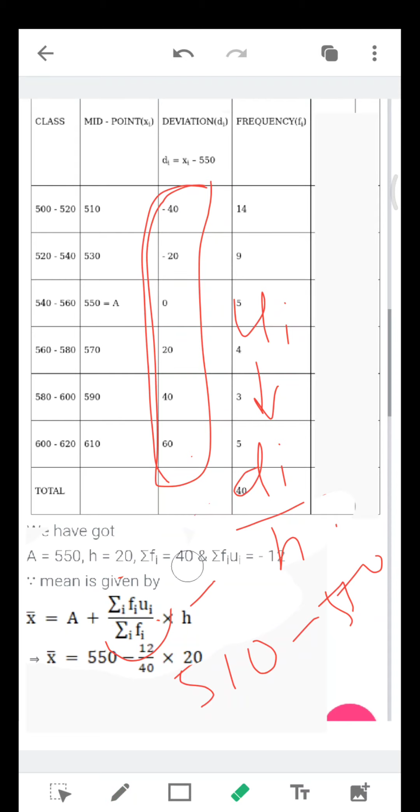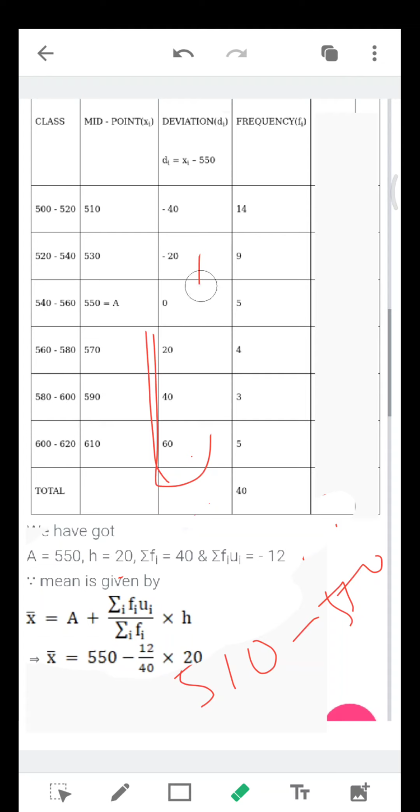So let me erase all these things so that it will be clear to you. Now let's see here. Now di by h is ui. So ui we will find now. So dividing this by 20, I'll get minus 2.